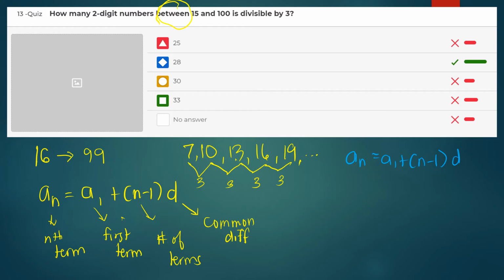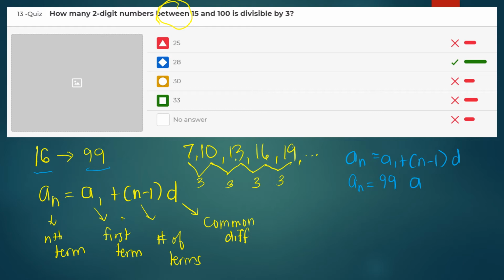Our a sub n is the last term. From 16 to 99, what is the last term divisible by 3? Of course, we will use our divisibility rules. To know if a number is divisible by 3, the sum of the digits must be divisible by 3. So 99 can be our last term because 99 is divisible by 3.